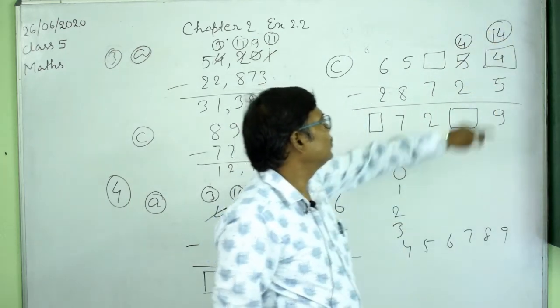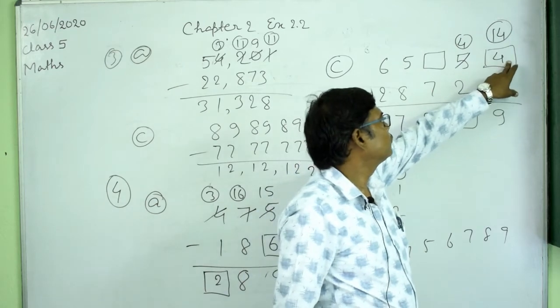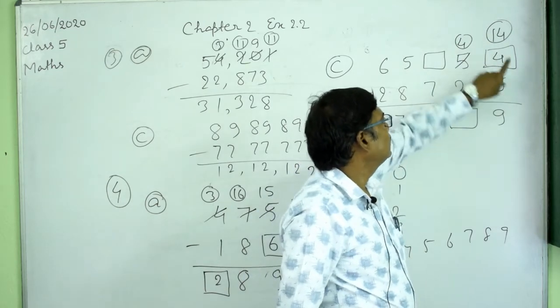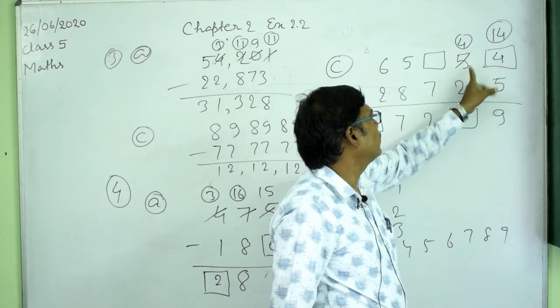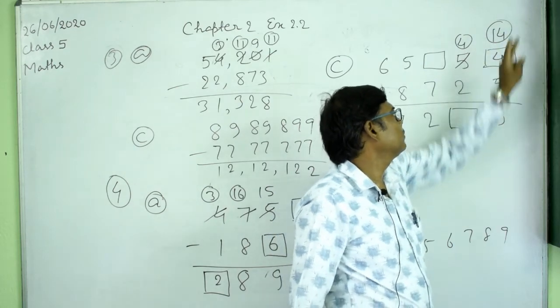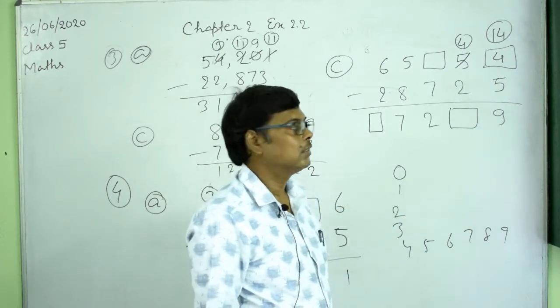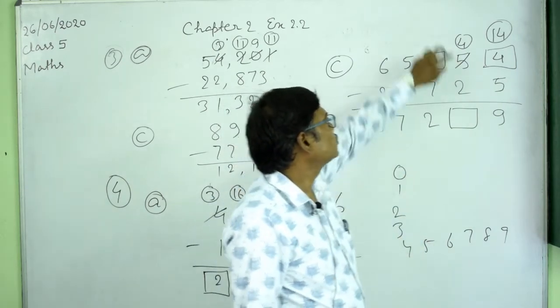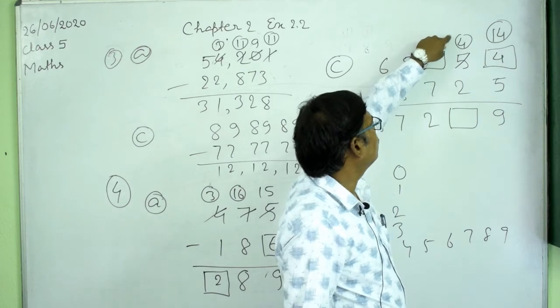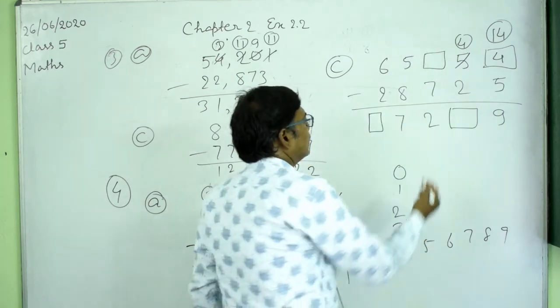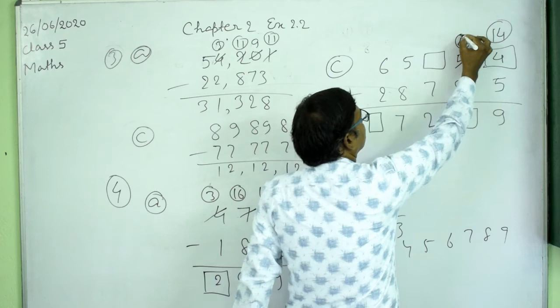Now see that if you put this digit 4 here, then 4 is less than 5, so you have to borrow 1 from this number, so it will be 14. Then 14 minus 5 will be 9. So in this way you will think like this, and then you will find the answer. Now it is 4 here, and 4 minus 2 will be 2. So here the answer will be 2 in this box.